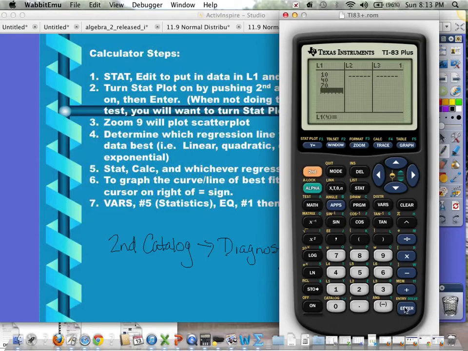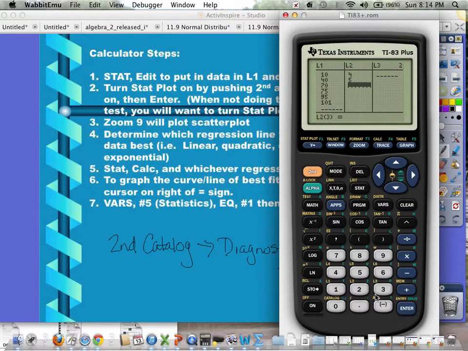And also, something else that you're going to need to do is turn on a couple things on your calculator. When you're doing statistics, some of the things you want to have on all the time, some of the things you don't want to have on all the time, because it will drive you crazy when you're trying to graph other things.